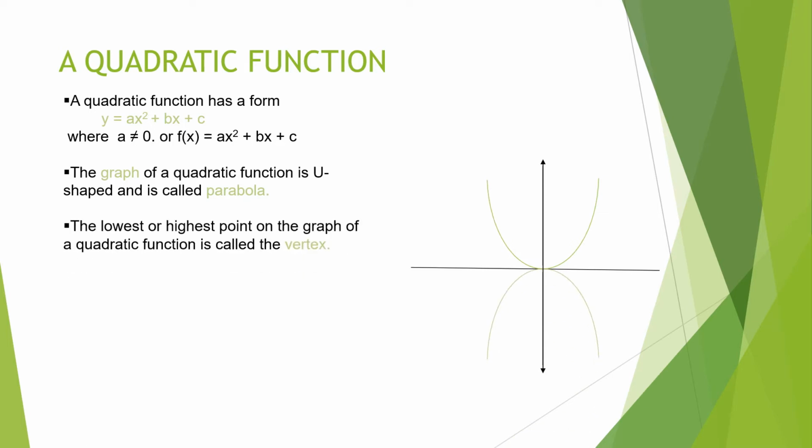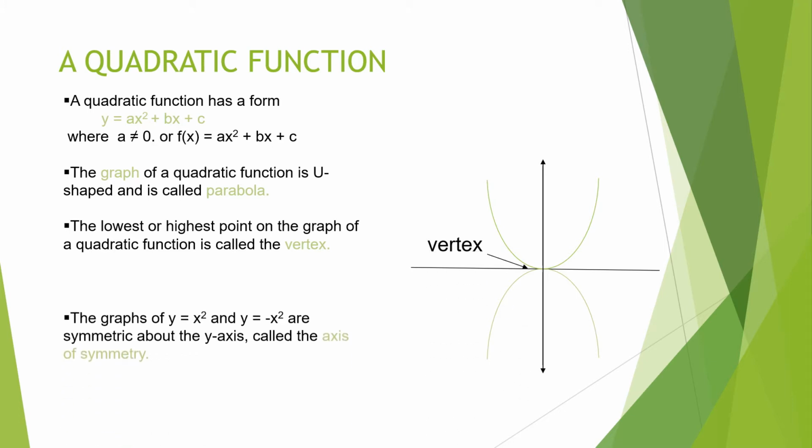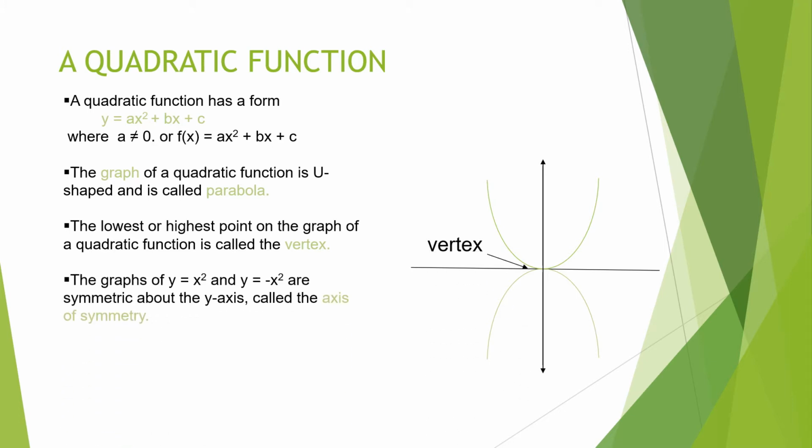The lowest point or the highest point on the graph of a quadratic function is called the vertex. The graphs of y equals x squared and y equals negative x squared are symmetric about the y-axis, and it is called the axis of symmetry.